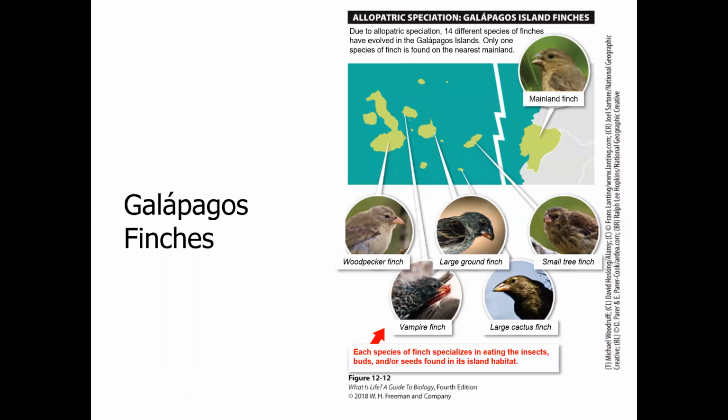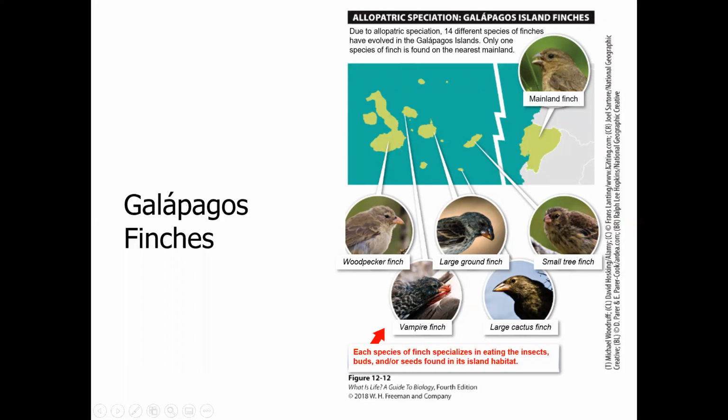Another good example we have is with our Galapagos finches. On the mainland off the coast of Ecuador, we have a mainland finch. Ultimately, some of those finches migrate out of the population onto certain islands, and then enough time passes, and through natural selection or mutation, we have a bunch of different types of finches, such as the woodpecker finch, the large ground finch, small tree finch, vampire finch, and large cactus finch that all have their special traits that allow them to live on their island successfully.